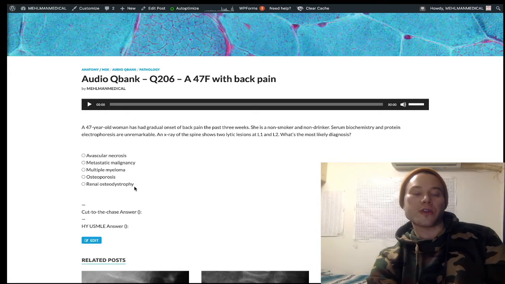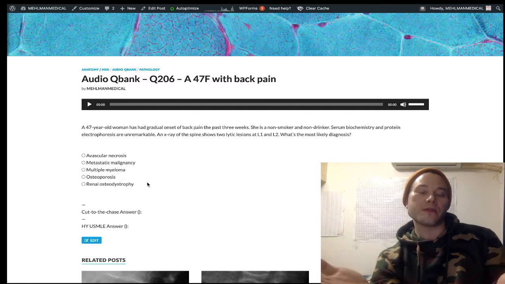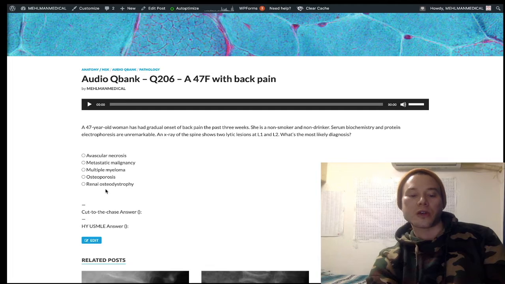Renal osteodystrophy: there's no reason to assume that she has renal failure of any kind. This is where you get vitamin D deficiency because the kidney is not able to carry out that 1-alpha hydroxylation of 25D3 into 125D3 via the action of PTH. So you get activated vitamin D deficiency. You can't absorb calcium through the small bowel, and this will lead ultimately to osteomalacia.